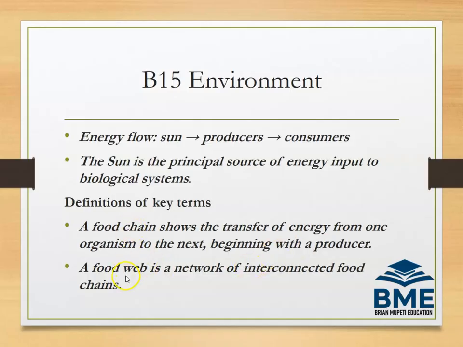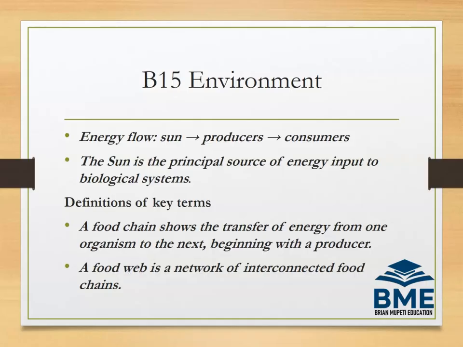You are also expected to differentiate between a food chain and a food web. A food chain will just show a lineup of organisms, one producer and a couple of consumers. Unlike a food chain, a food web is a network of interconnected food chains. So you get a food web when you combine different food chains.